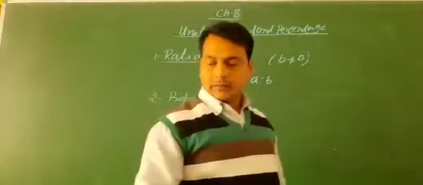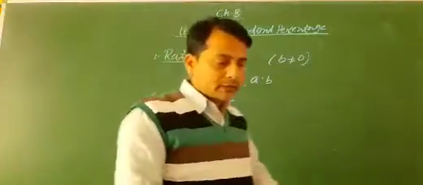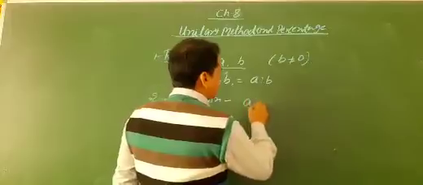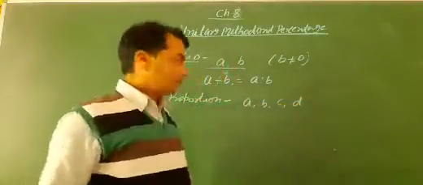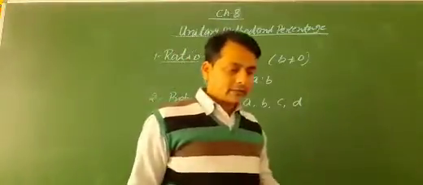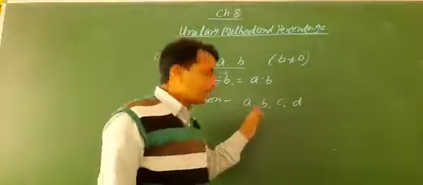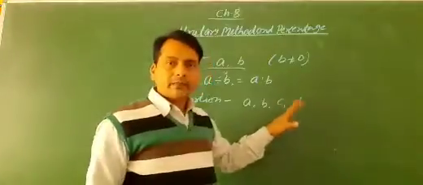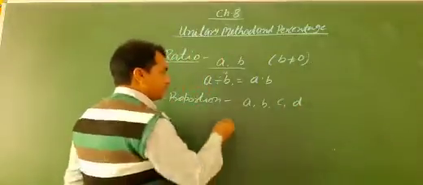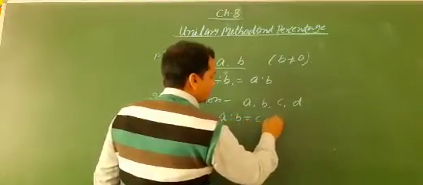Proportion means, suppose there are four numbers a, b, c and d, and the ratio of a and b is equal to the ratio of c and d, so we can write a is to b equal to c is to d.